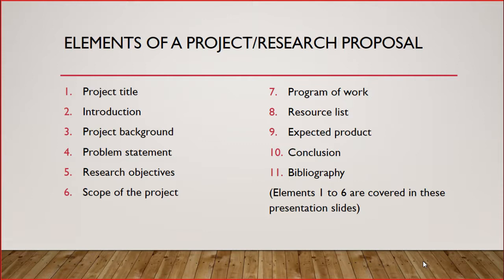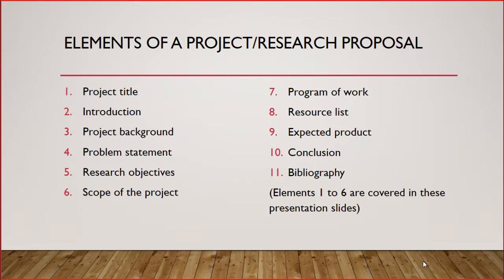The first element is the project title. Number 2 is introduction. Number 3 is project background. In some other proposals, they tend to combine introduction and project background. You may see in proposals by some other universities or institutions that introduction and background are combined.